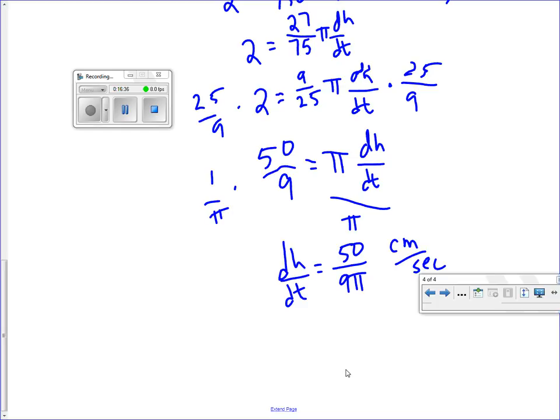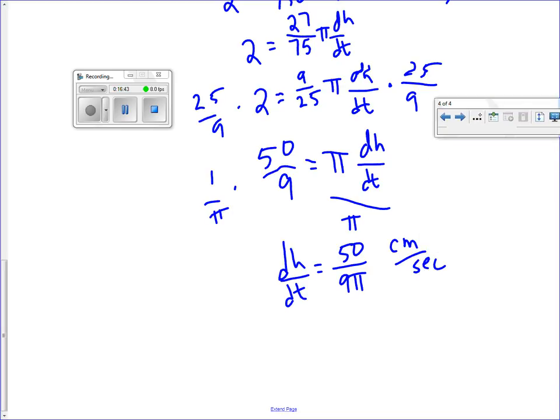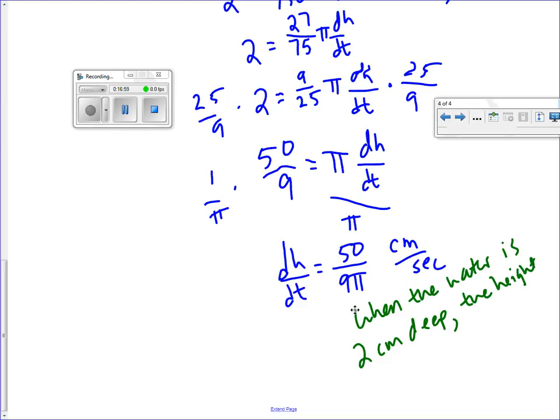So I would go back and I would write an interpreting sentence, and my sentence would say, when the height of the water is 2 centimeters, when the water is 2 centimeters deep is another way to say that, the height, because I have a positive rate, the height is increasing at a rate of 50 over 9 pi centimeters per second. That's that last final step where you're interpreting.